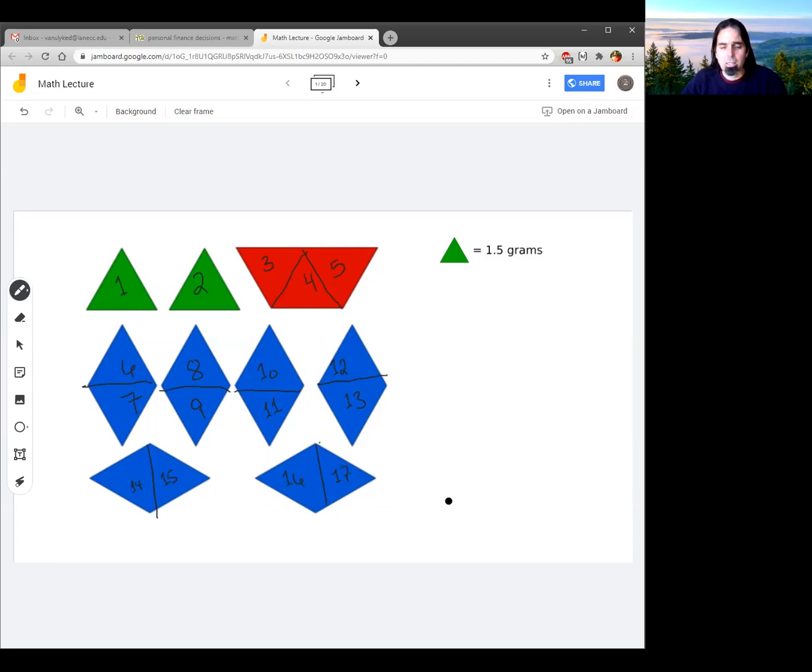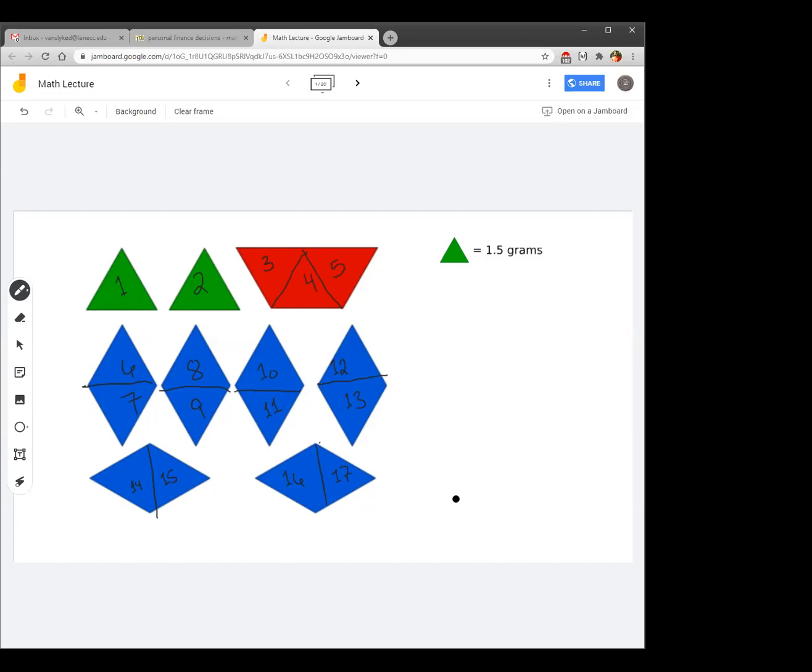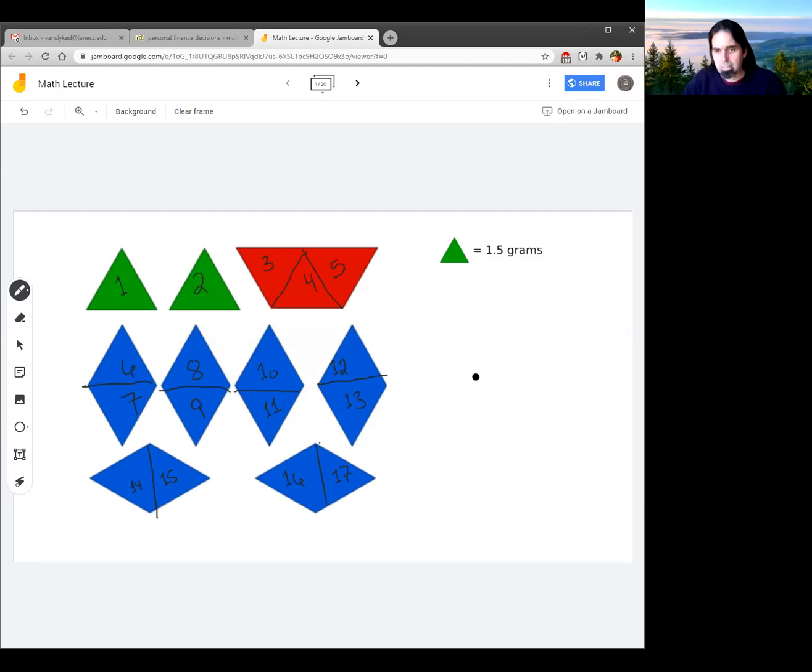Okay, what's my next step? 17 times 1.5. Okay. So 25.5 grams.